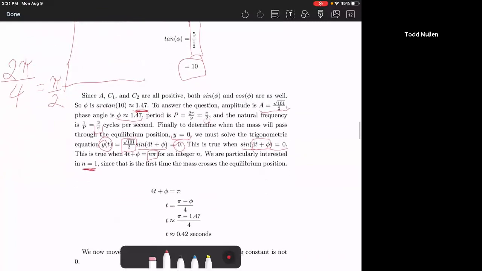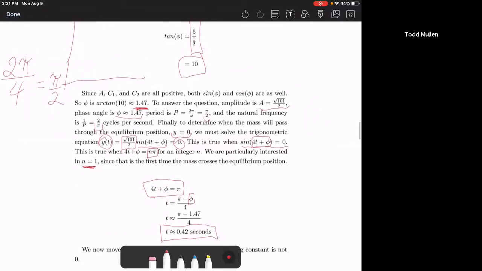So what we end up getting is that 4t plus phi is equal to pi. When we isolate t and we plug in that phi is roughly 1.47, we get our solution that time is roughly 0.42 seconds. And that's our example.